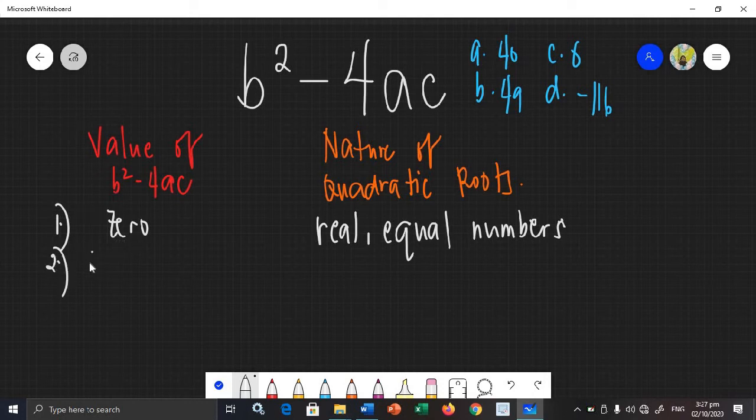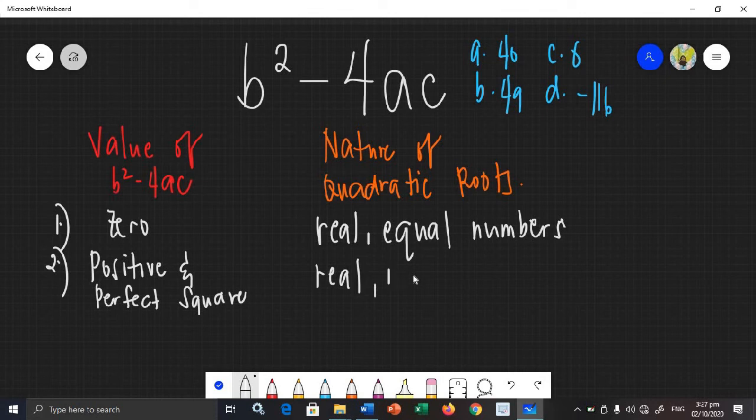Number 2, kapag positive and perfect square, ang roots mo daw ay real, rational, and unequal numbers.